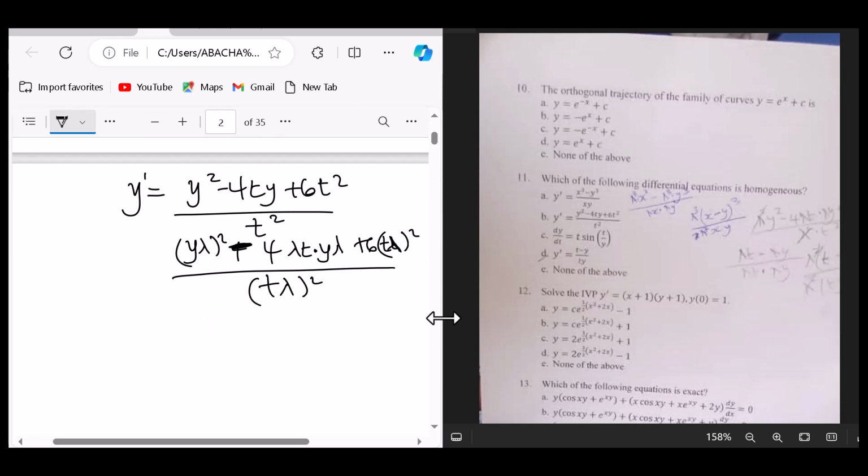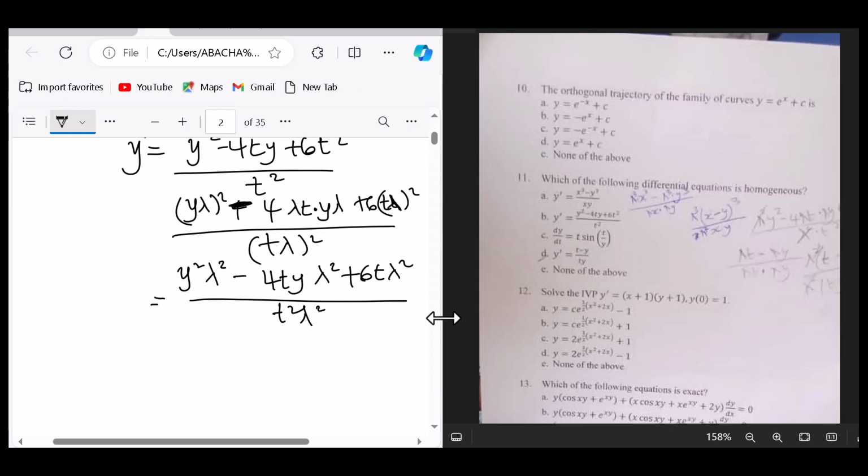So here we get y squared lambda squared minus 4ty lambda squared plus 6t lambda squared all over t squared lambda squared. For the top, I can factorize lambda squared out, all over lambda squared t squared.